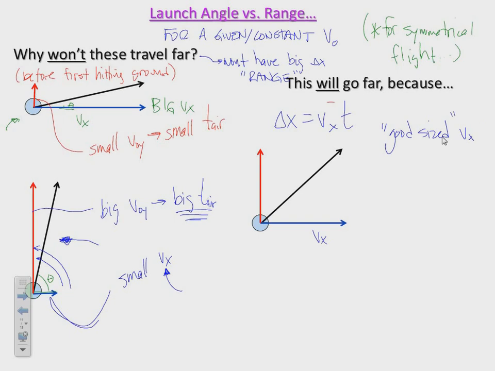And it also has a pretty good sized initial vertical velocity and therefore time in the air. So both of those things are pretty big, and you multiply things that are pretty big together and you end up with a big delta x.